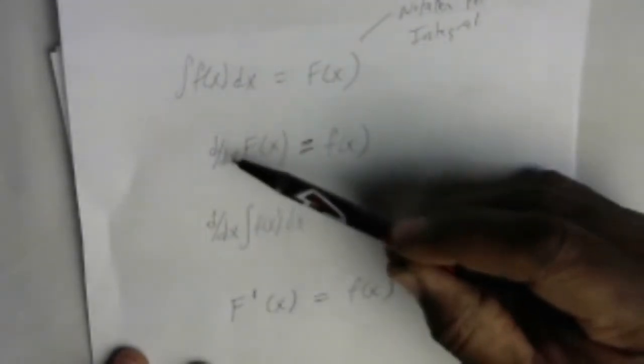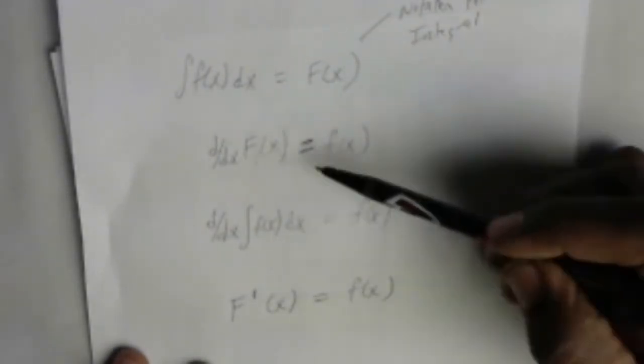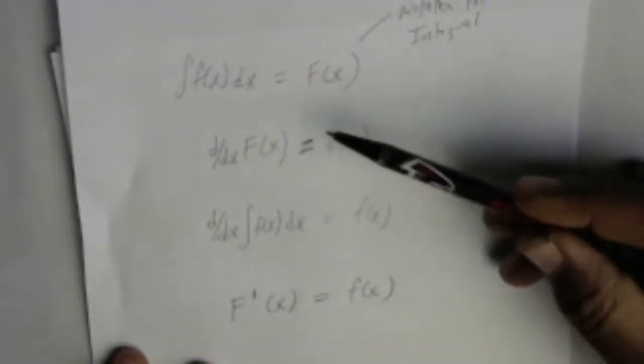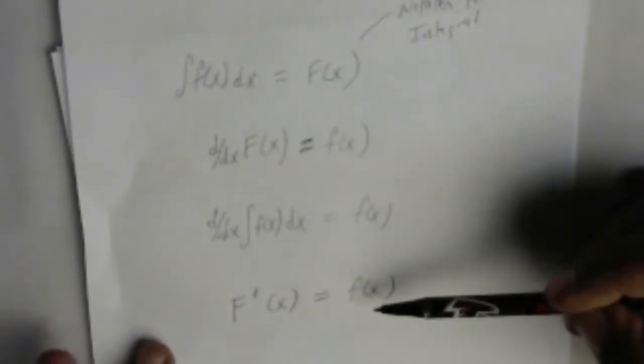We just saw that capital F prime of x is equal to f of x as well. So that's sort of the integration undoing a derivative, and this is sort of the derivative undoing the integration, but notice in both instances we yield the function.